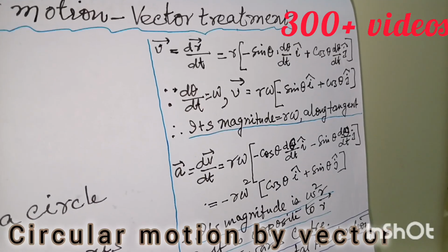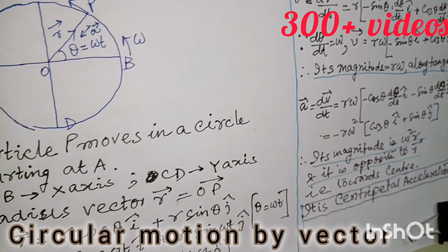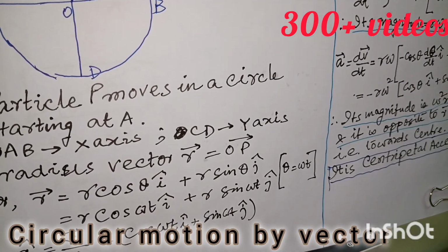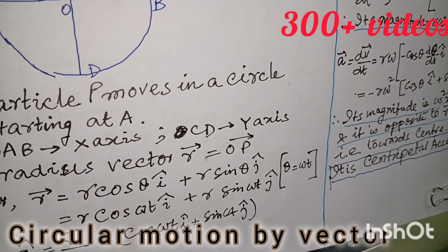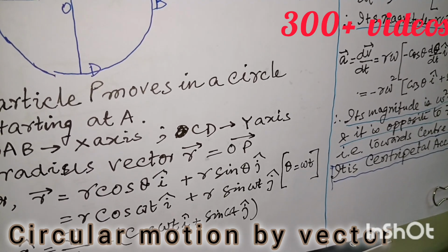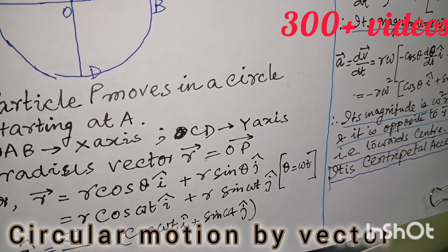And we take r as a vector. That means r equals r cos omega t i cap plus r sin omega t j cap.